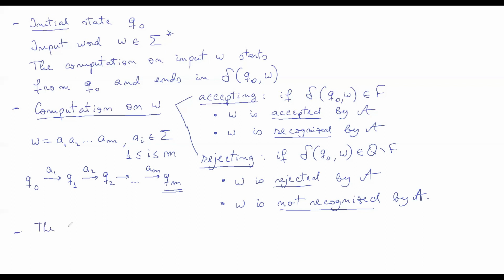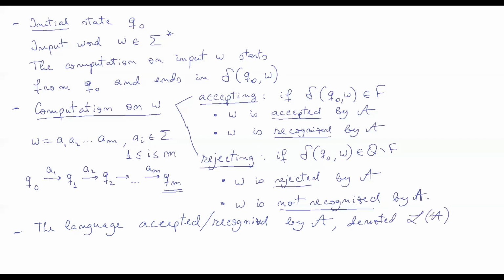So the language accepted by the automaton A, and we also say accepted or recognized, denoted the language of A. So the language of A is simply the set of all possible input words, so all W in sigma star, with the property that really from Q0, doing a computation on word W takes you to a final state.